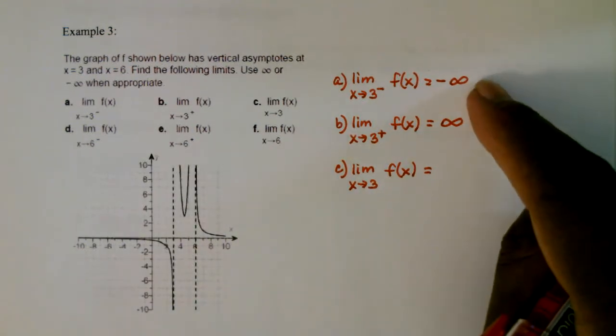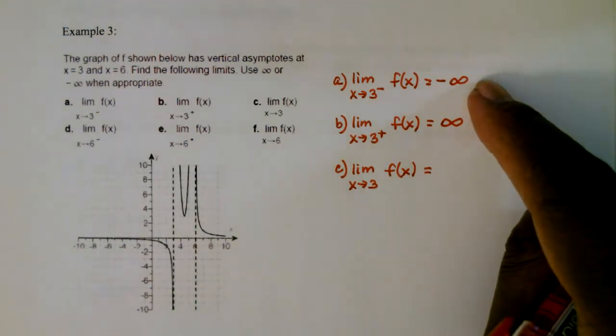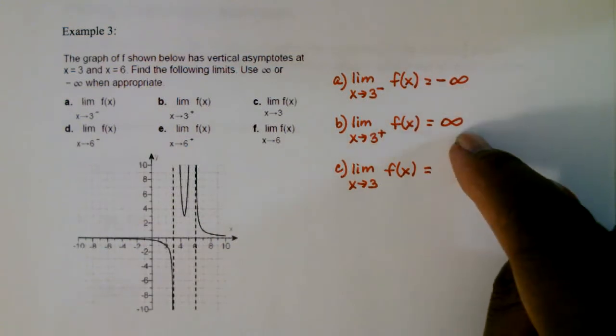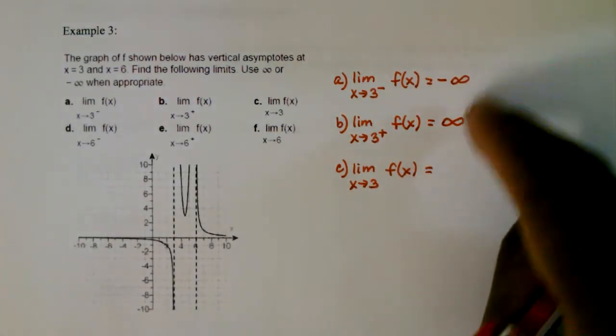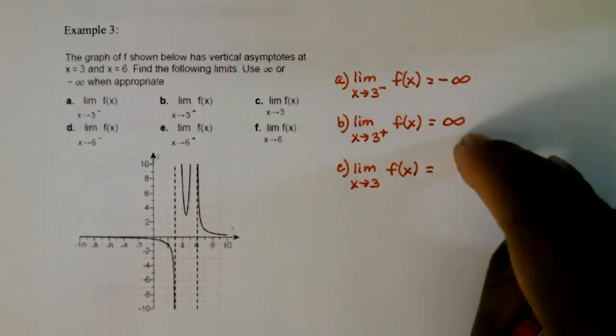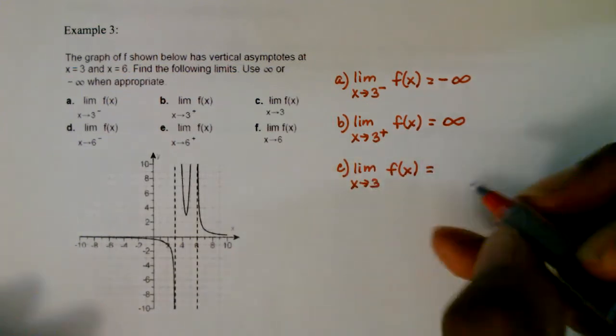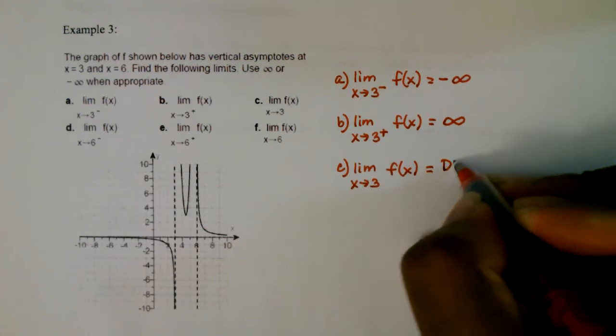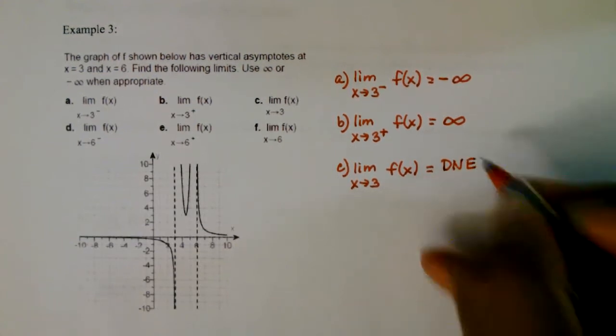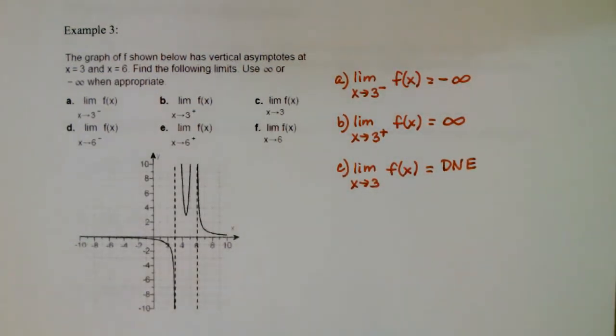Here, from the left of 3, the limit is going to negative infinity. On the right of 3, the limit of f of x is going to positive infinity. Those are going in 2 different directions, 2 different places. So the limit as x approaches 3 of this function does not exist. I'm using DNE for does not exist.